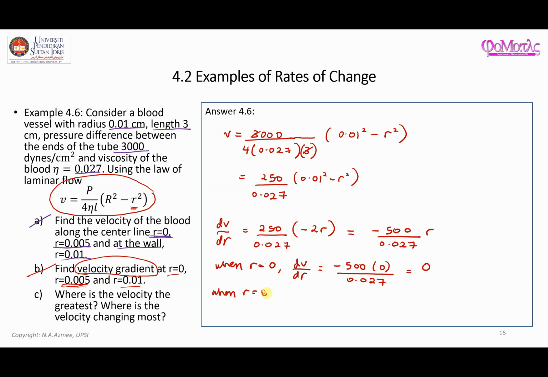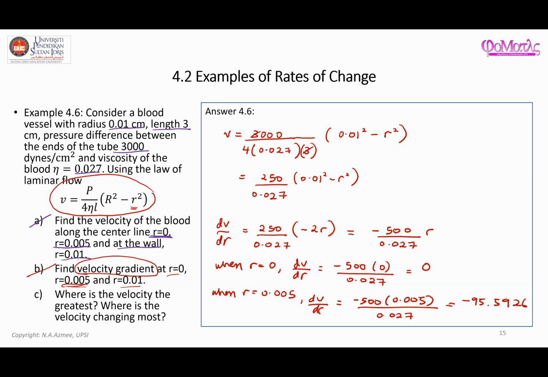When r is equal to 0.005, dv dr is negative 500 times 0.005 over 0.027, and the answer here is negative 95.5926.